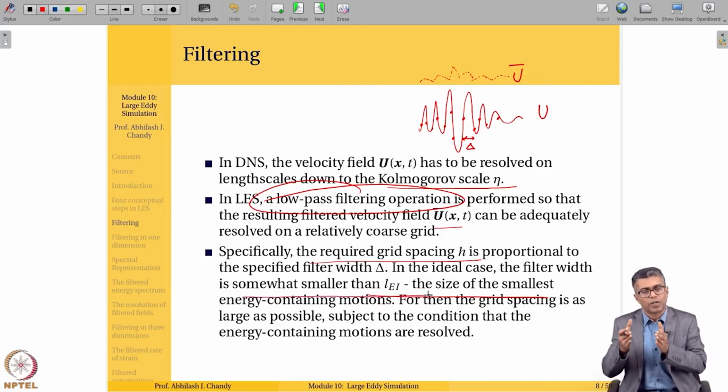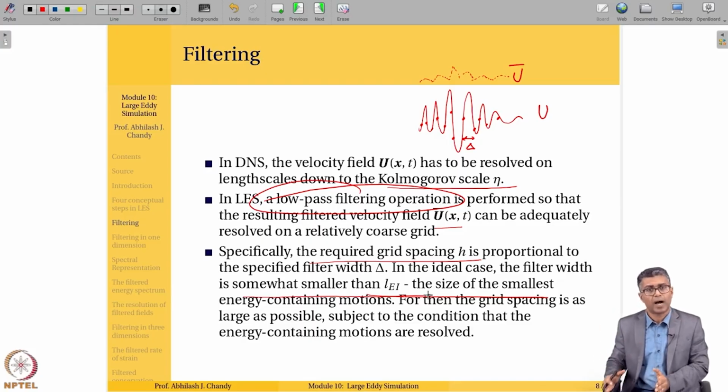And again, it's all about the affordability here in LES. Technically, LES is based on the idea that the large scale motions are captured. So you can argue that as long as I capture all the energy containing motions, I am okay. So technically, yes.